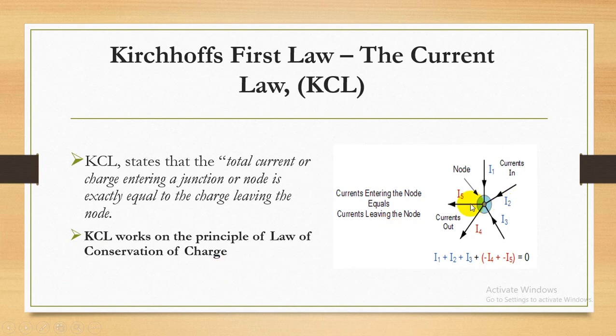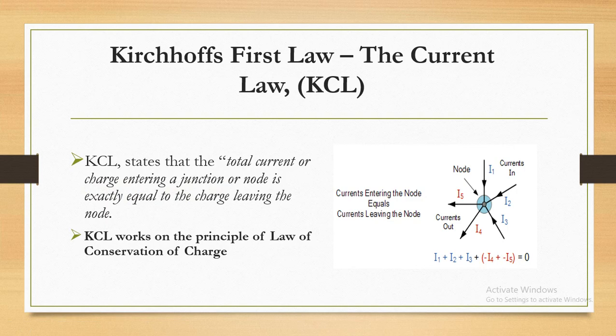See here, it is very clearly given in the statement. KCL states that the total current or charge entering into a junction or a node is exactly equal to the charge or current leaving from that node.